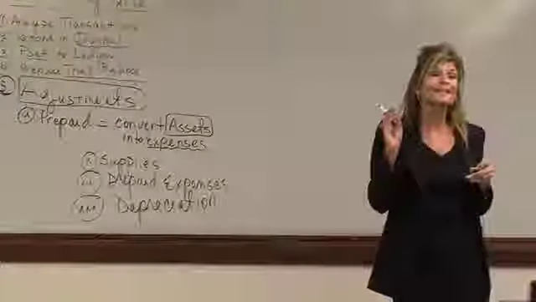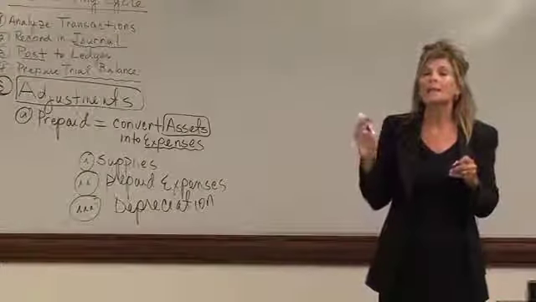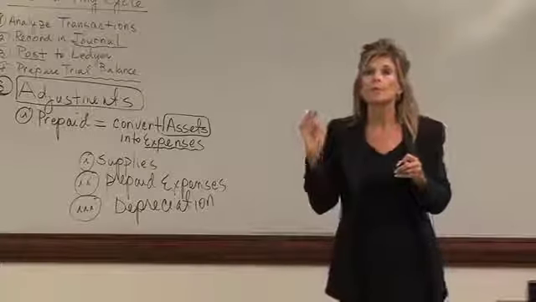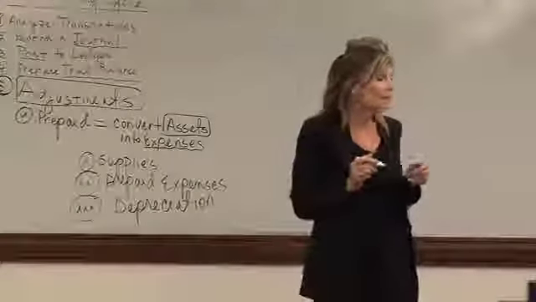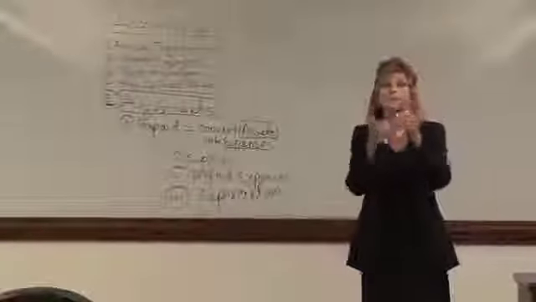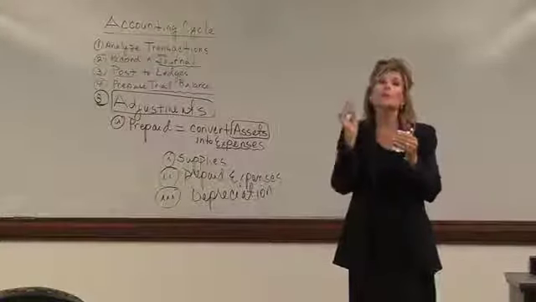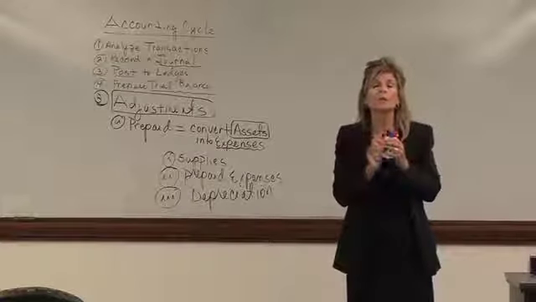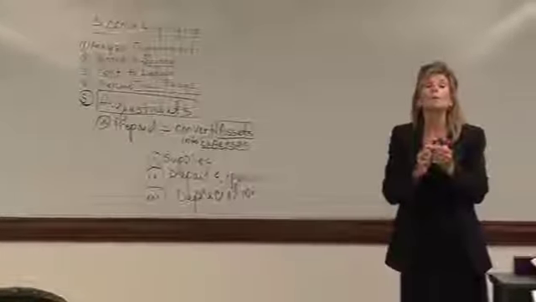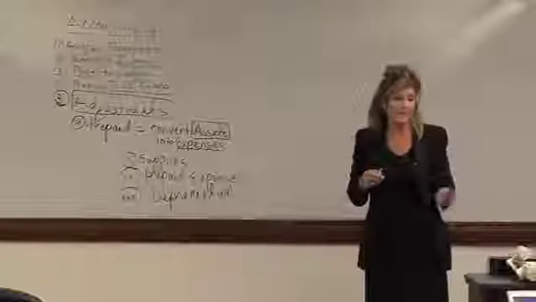Remember, by definition, all assets must have future value. So I buy my supplies, whatever they may be. So let's pretend we bought a whole bunch of supplies. We've got a whole bunch of markers. So when we first purchase those supplies, we would record them as assets.